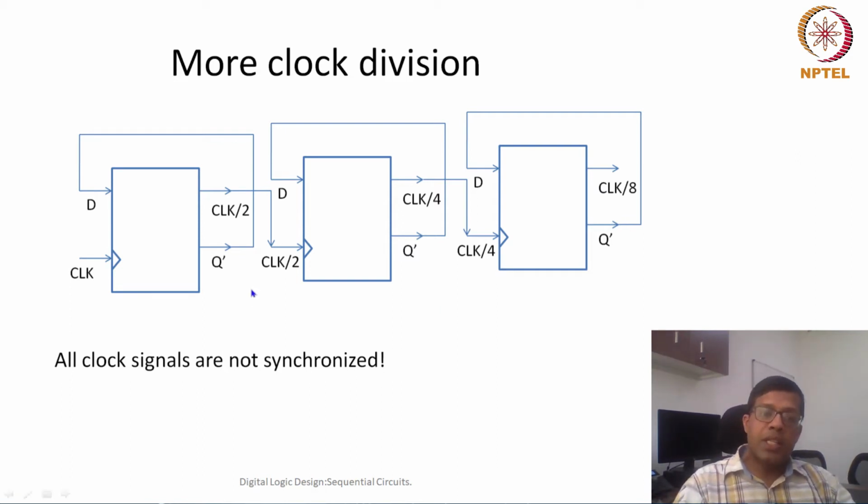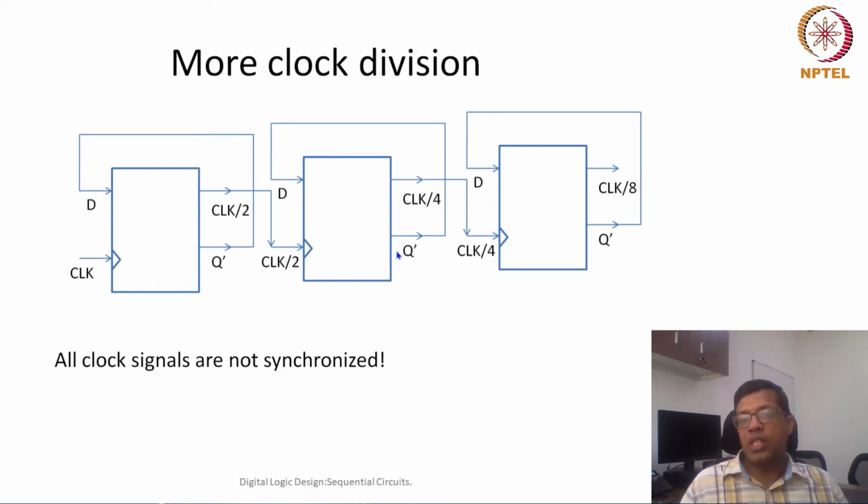But here, this clock and this clock would be delayed by the propagation delay of this D flip-flop. Similarly, this clock and this clock would have a timing difference of a propagation delay. Because all of these become asynchronous clocks, it may not be a very good idea to have an asynchronous clock.